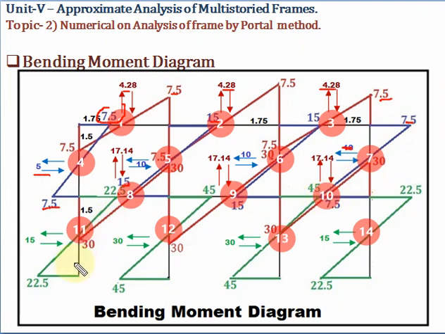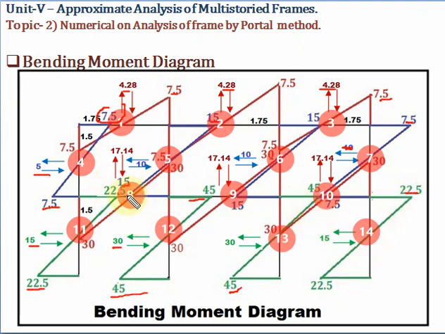Now for this member, what is the horizontal force at node 11? It is 15. So 15 into 1.5, value is 22.5. At node 12, the horizontal force is 30. 30 into 1.5 is 45. So here also 30 into 1.5, 45, and 15 into 1.5, 22.5.